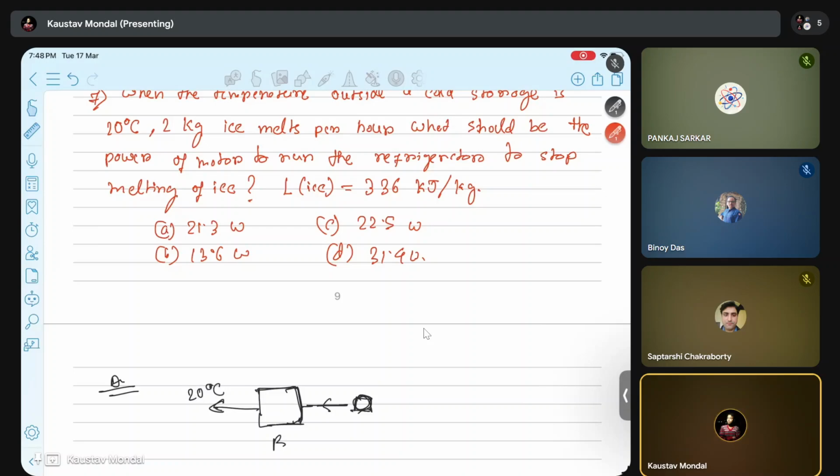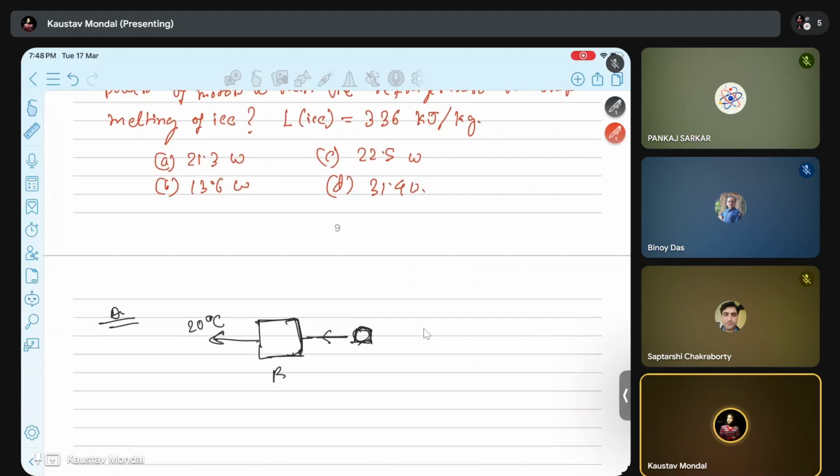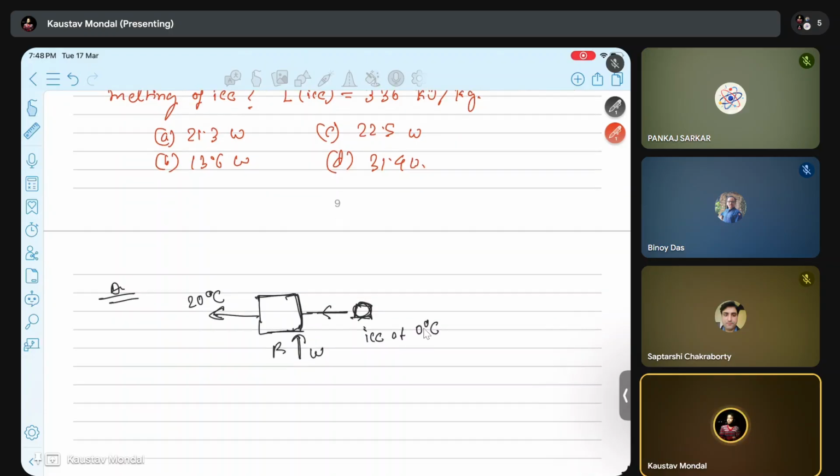To pull out that heat, it has to do some external work from outside. This is the concept of a refrigerator. This is the ice at 0 degree centigrade, this is T2, that is 273, and T1 is 293 Kelvin.